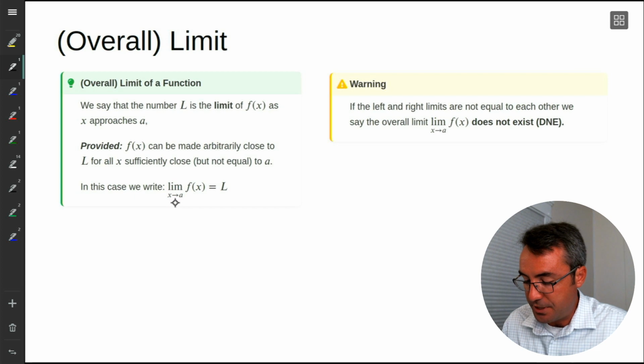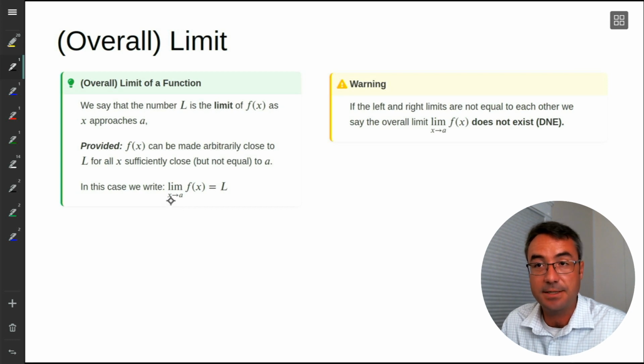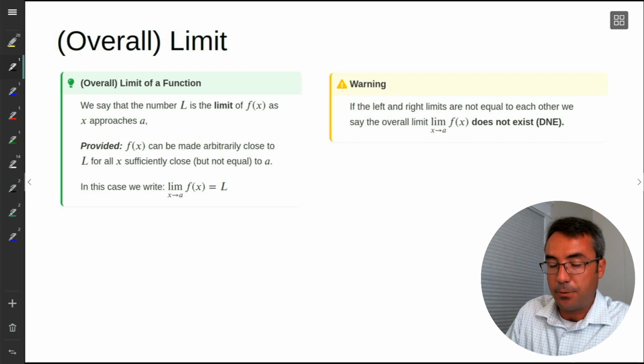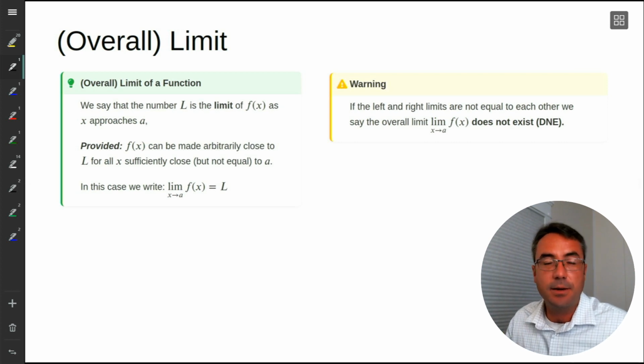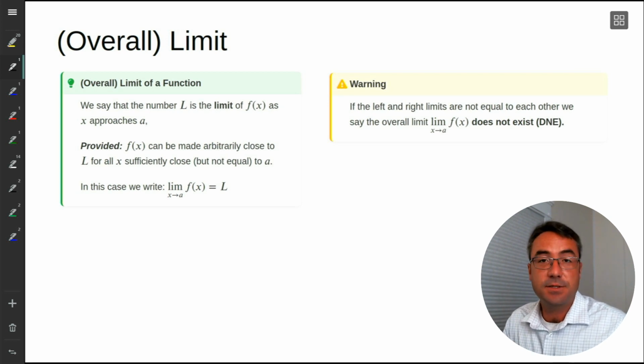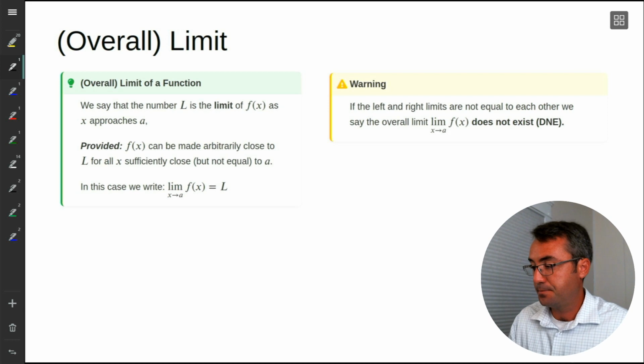And really just notice here that there is no plus or minus. It's just x arrow a. X is approaching a. X is getting closer and closer to that number a. And so the fact that we don't have a plus or a minus, we're not talking about a left or a right side limit here, is that this overall limit is regardless of the direction.